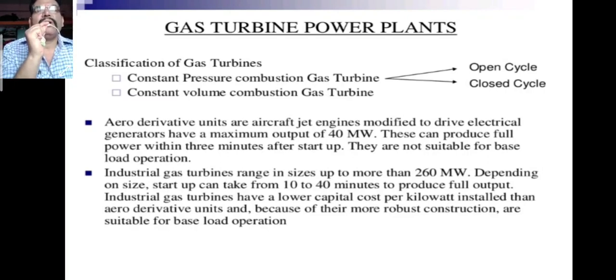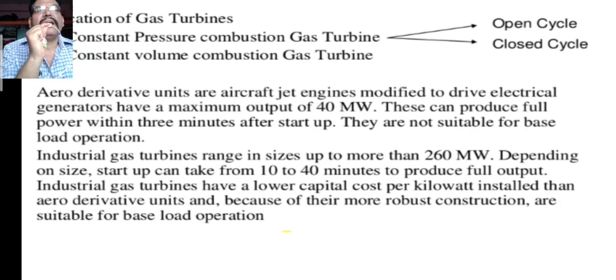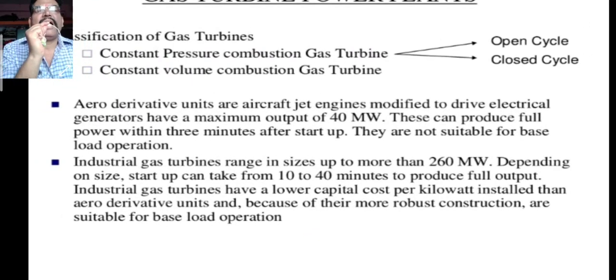Now aero derivative units are aircraft jet engines modified to drive electrical generators, and have a maximum output of 40 megawatt. These can produce full power within 3 minutes after startup. They are not suitable for base load operation. Industrial gas turbines range in size up to more than 26 megawatt.